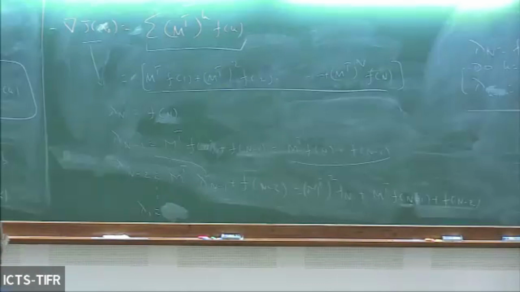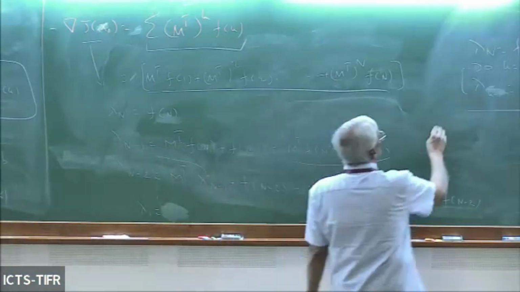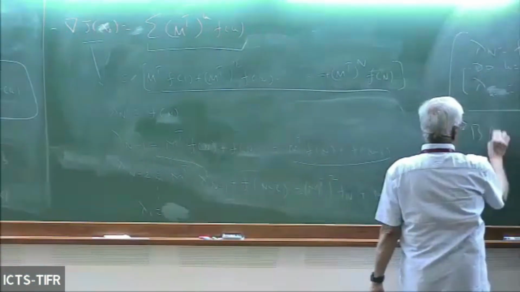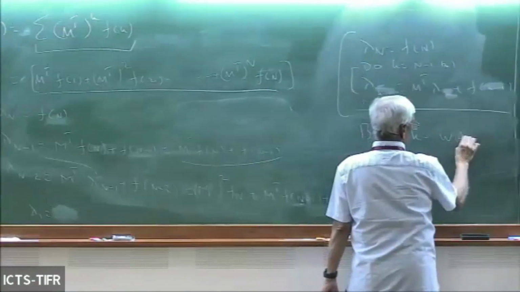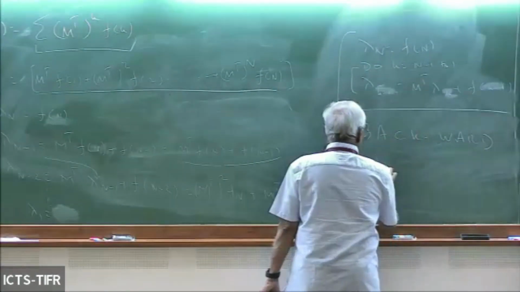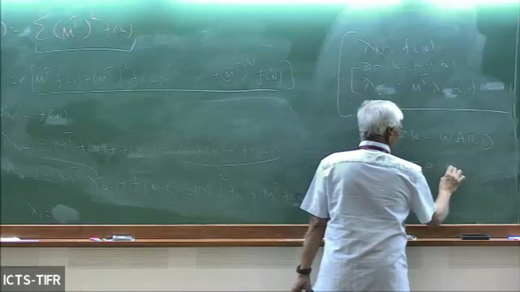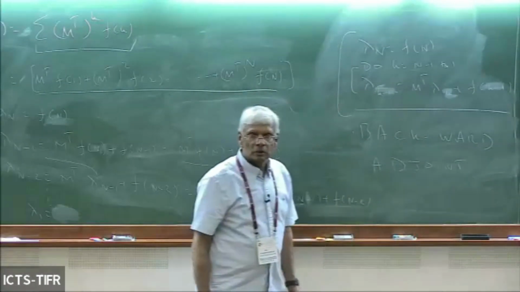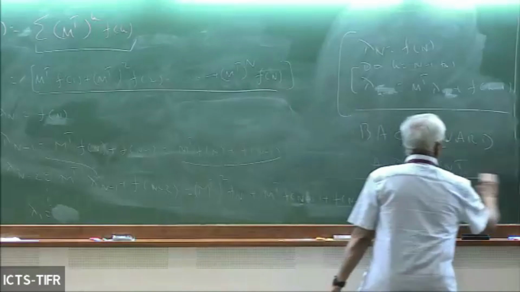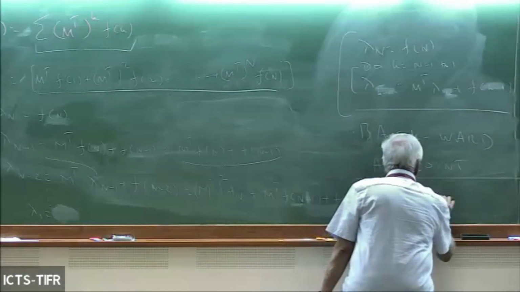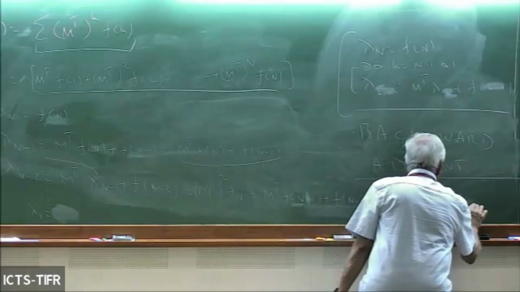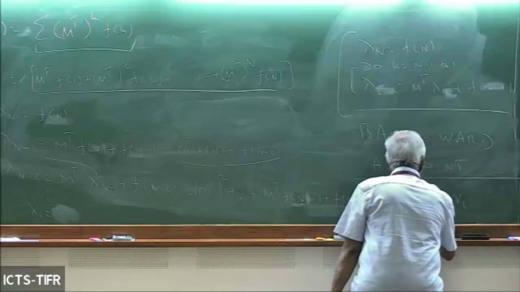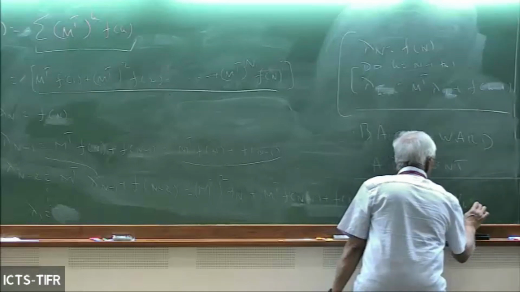So this is called the backward dynamics. It's also called adjoint dynamics. Why is this called adjoint? This is the adjoint of the model dynamics, which is x k plus 1 is equal to m of x k.